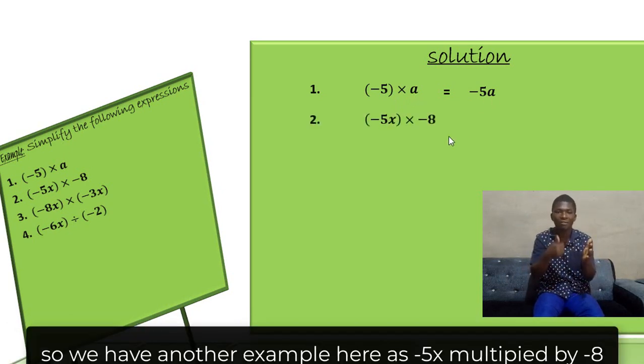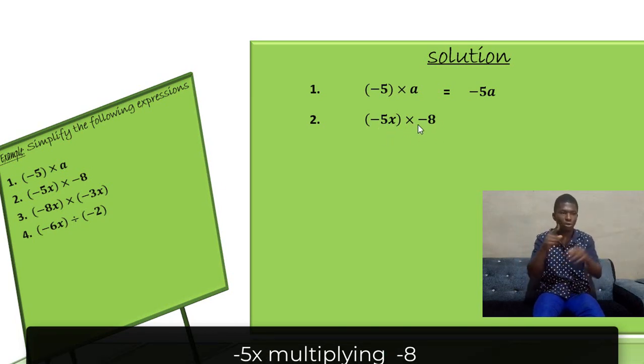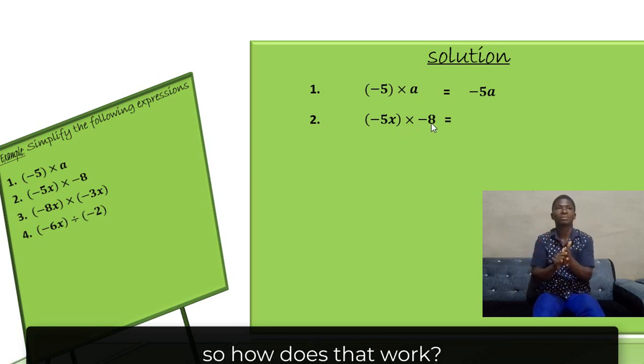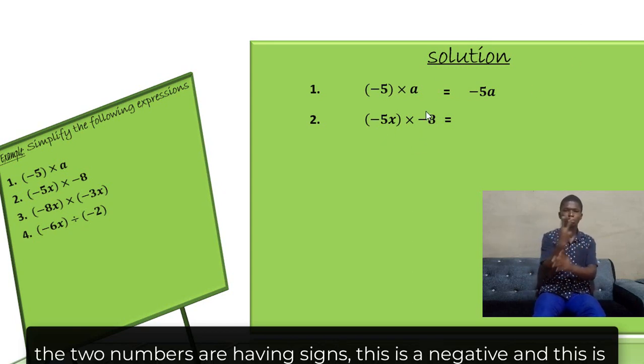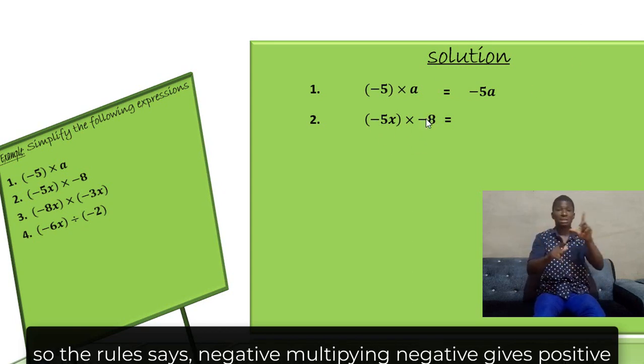So we have another example here. This is minus 5x multiplying minus 8. Negative 5x multiplying a negative 8. How does that work? The first thing is the two numbers have signs. This is a negative and this is a negative. So the rule says negative multiplying negative becomes positive.